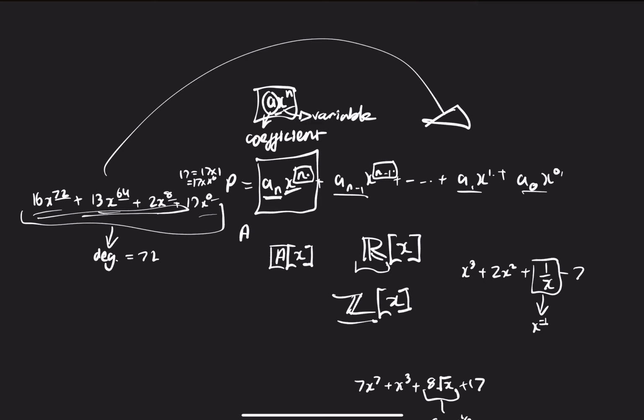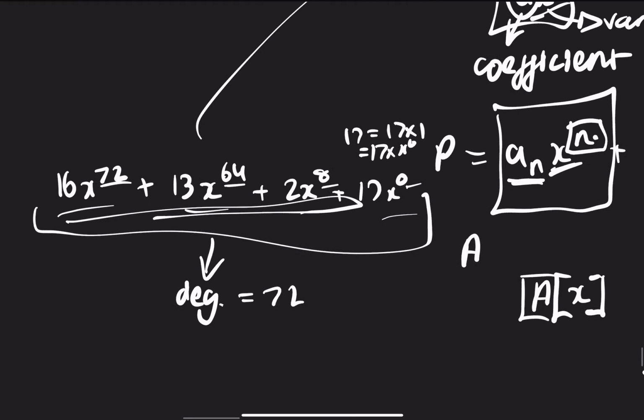However, a can be anything, including 0. What's actually in between x to the power of 72 and 13x to the 64 is a whole bunch of 0x to the power of 71, for example, straight after this, plus 0x to the power of 70 next, all the way down until 64.